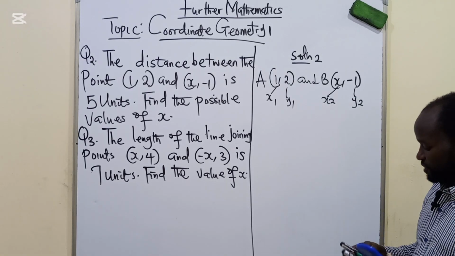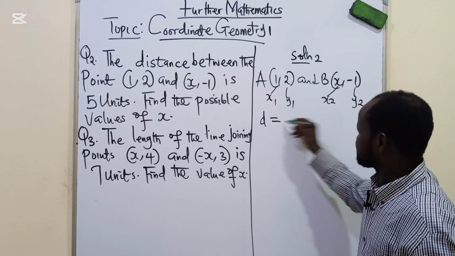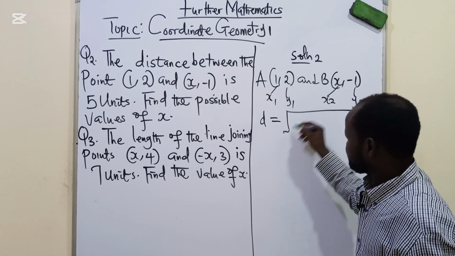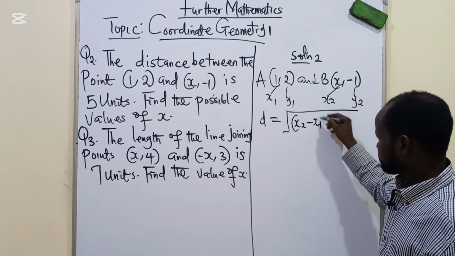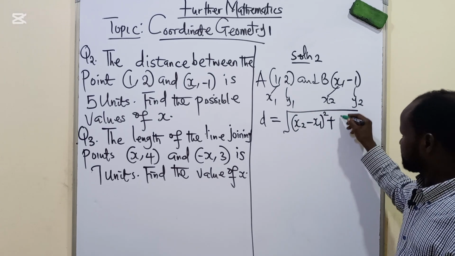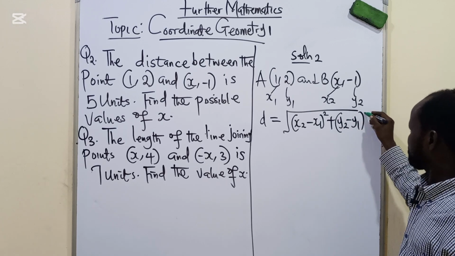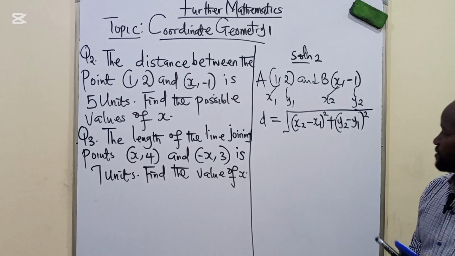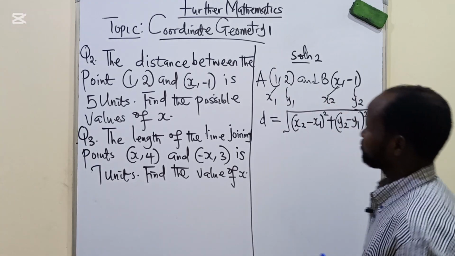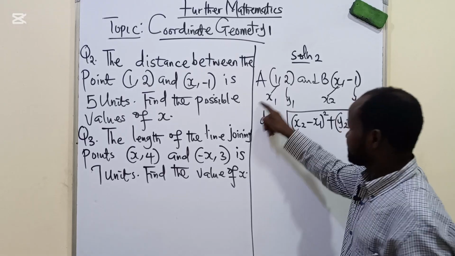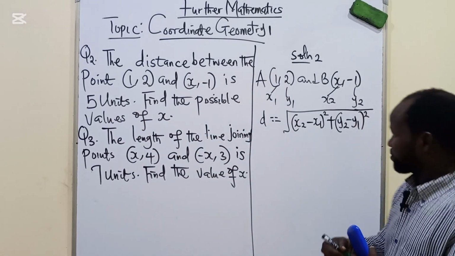Distance between 2 points is given as d, the distance, equals the square root of (x2 minus x1) all squared plus (y2 minus y1) all squared. This is the formula we are to use. We are told that this d is 5 units, so in place of d we put 5.